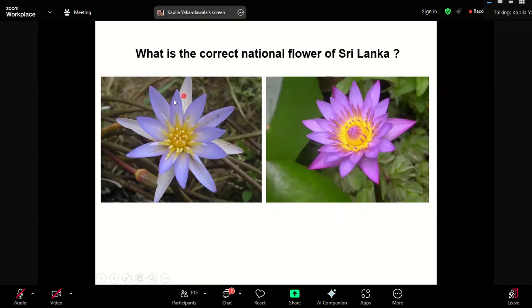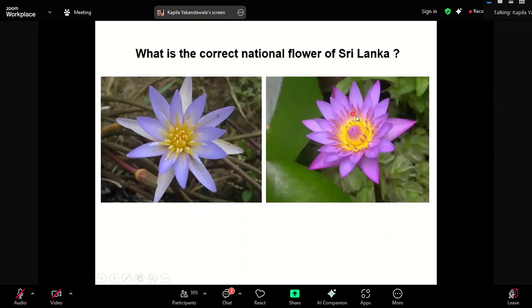For 30 years, we recognized this plant as the national flower of Sri Lanka, and we call it Nilmanel. But if you look at this, is it blue in color? We call this in Sinhala Nilmanel, in English blue water lily, in Tamil Nilotpalam. All of these, blue, nil, manel, nil, refer to the color of the flower.